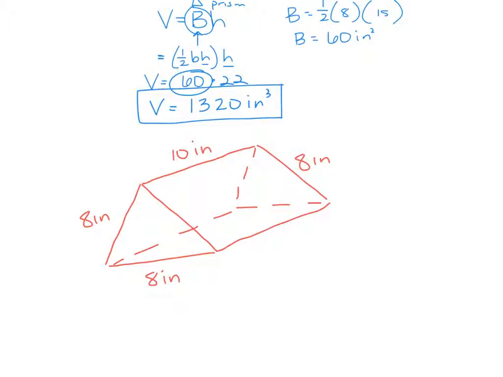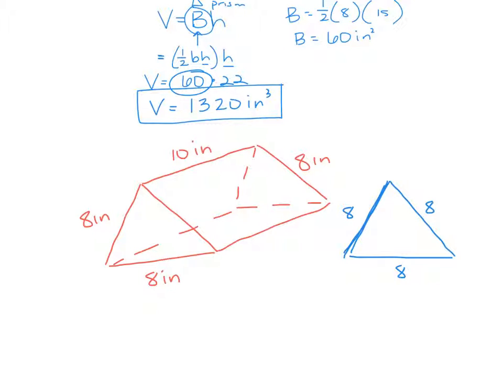It is another triangular prism, right? So your base is a triangle. Notice it's not a right triangle anymore. So we have to find the area of that triangle. I'm just going to redraw your base for you real quick so we can kind of mark it up as we go. What kind of triangle is it? It's equilateral, where all of these are 8.